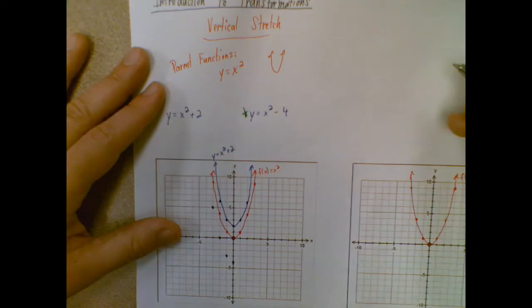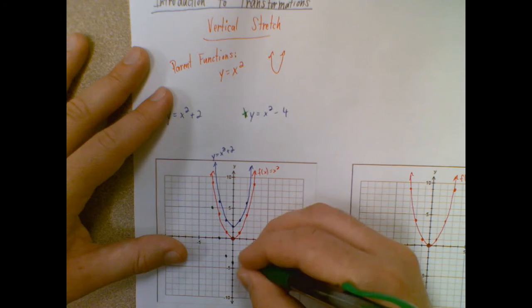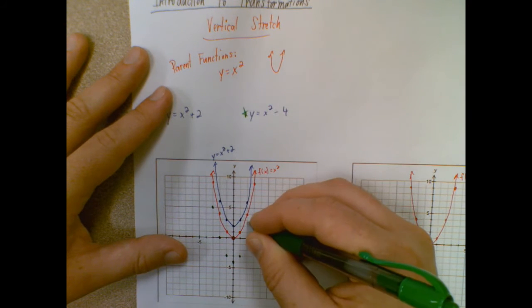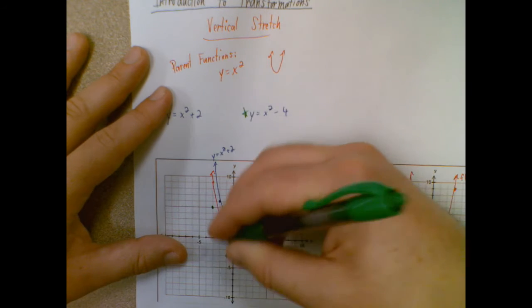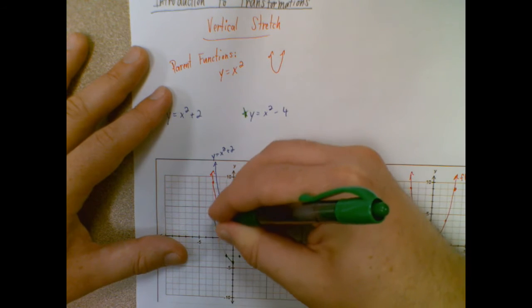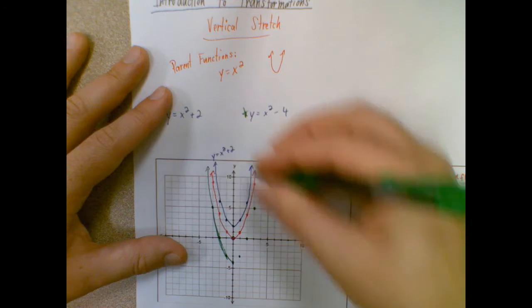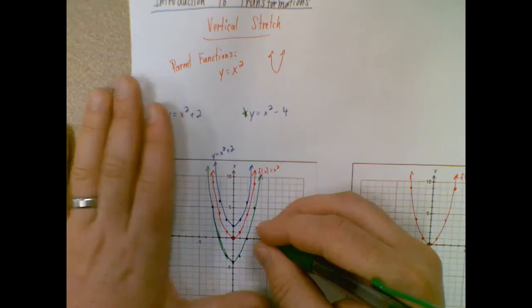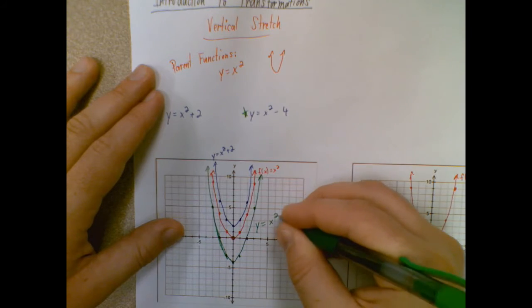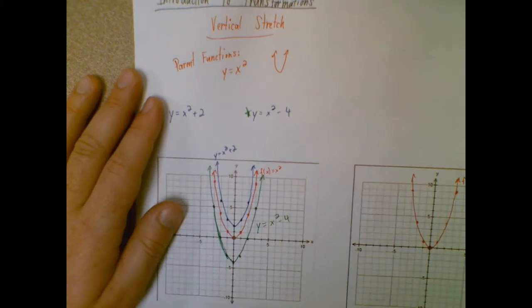Then I'll do the same on this side: 1, 2, 3, 4. When I connect these together, it'll be the same graph, but shifted down a little bit. It's the red one just moved down my graph.